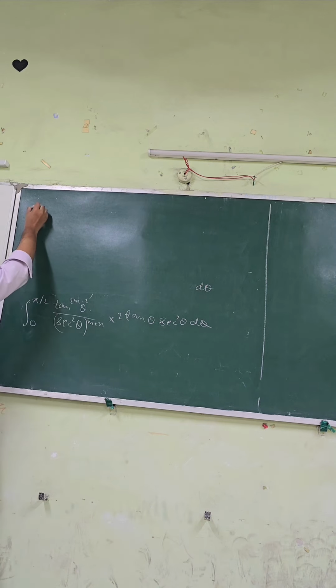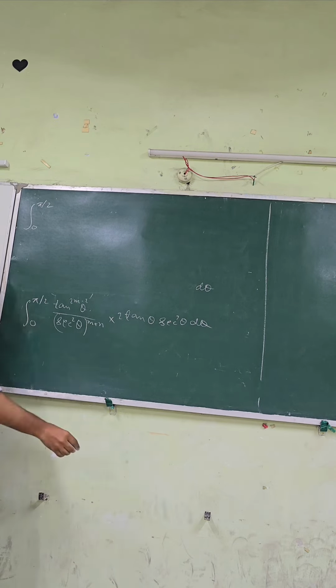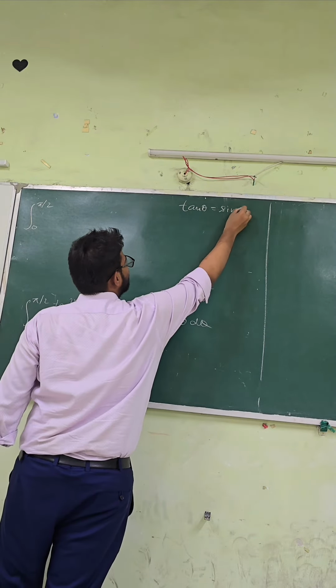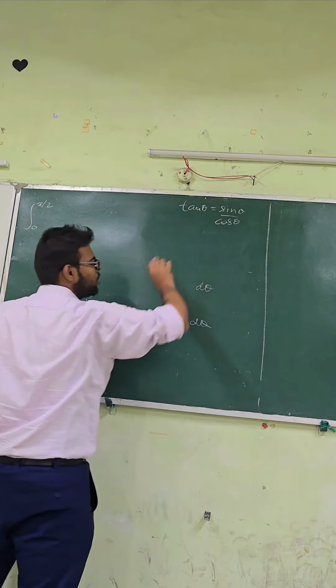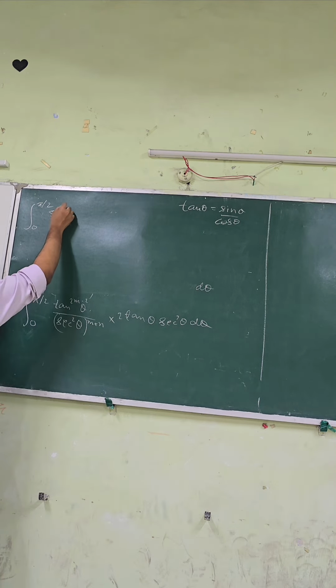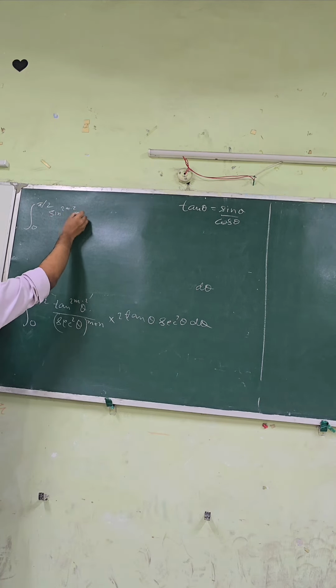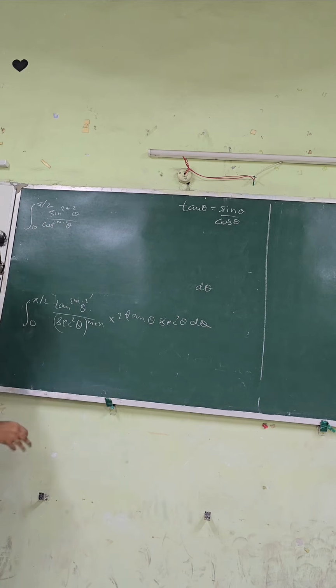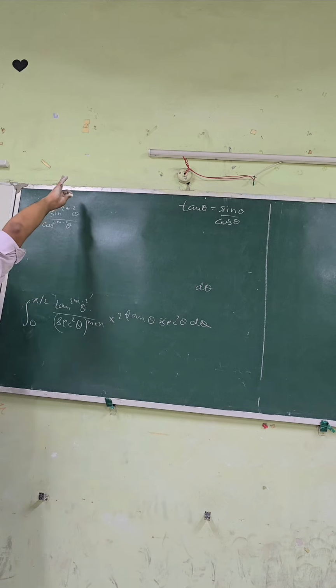Okay, so this is the limit. This is the integral 0 to pi by 2 of the quantity. You can write tan in terms of sine and cos theta. You remember tan theta is equal to sine theta by cos theta, right? You remember the simple thing, right? Okay, sine to the power 2m minus 2 theta by cos 2m minus 2 theta, right? And what is sec squared theta? It is 1 upon cos squared theta, so that cos will go upwards.